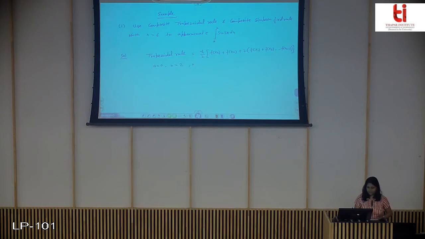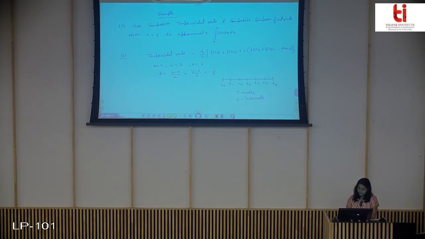N is given as 6. So h will be (b minus a) upon n, that is (2 minus 0) upon 6, that is 1 by 3. So the length of the interval is 1 by 3. We have to divide it into 6 parts: x0, x1, x2, x3, x4, x5 and x6. So total 7 nodes and 6 intervals.